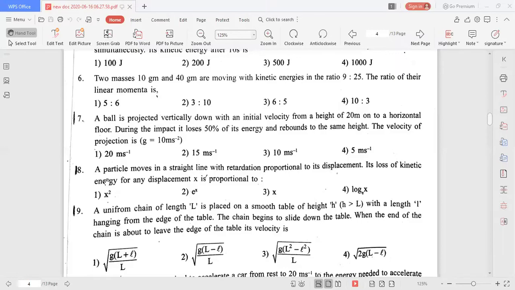So here, on the surface of the table, there is a chain. A uniform chain of length L is placed on the smooth table of height H. Of course, H is greater than L, the length of the chain. With a length small l hanging from the edge of the table.